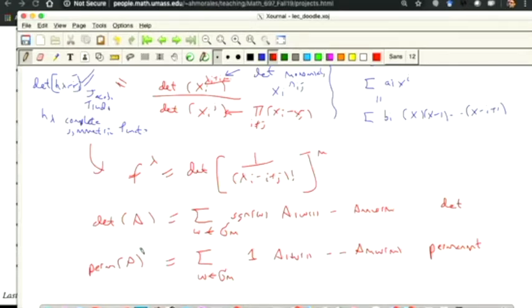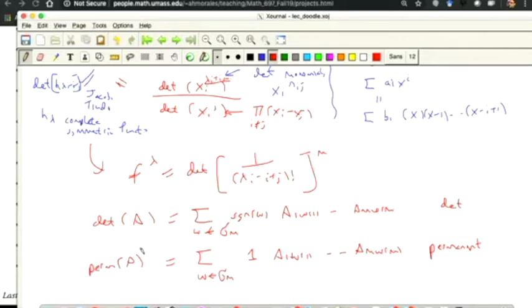But you don't have these tricks for the permanent, so it is hard to compute. It is of interest because sometimes it can help you count perfect matchings of a graph, and there are other applications. So that's the determinant, that's the permanent.